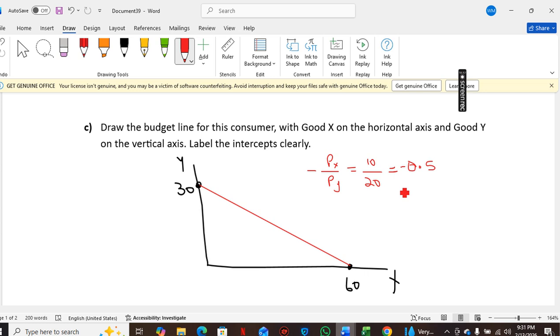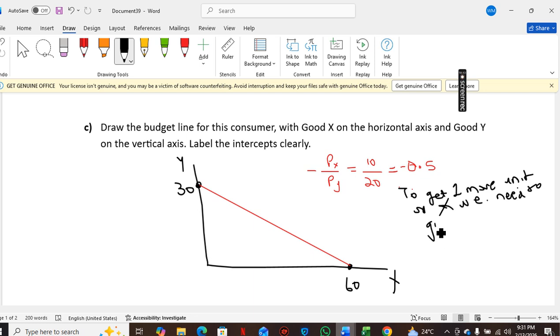So what is it telling us? To get 1 more unit of X, we need to give up 0.5 units of Y. That is what our slope is telling us.